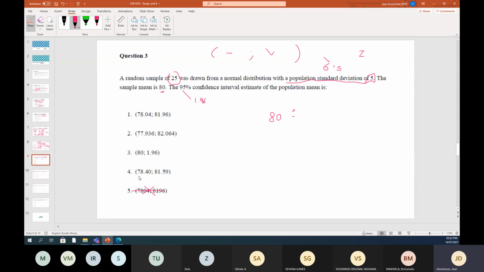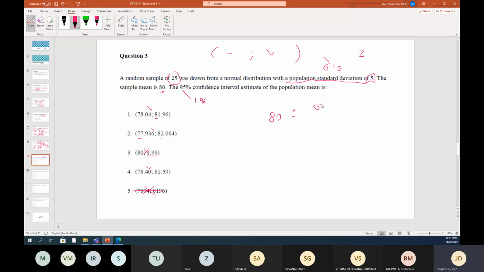Smaller than 80 and bigger than 80 can be a possibility. 80 is your mean, so it can't be this one. Smaller, bigger, that can be an option, but at least two of these are not options. So let's see what we work with here.